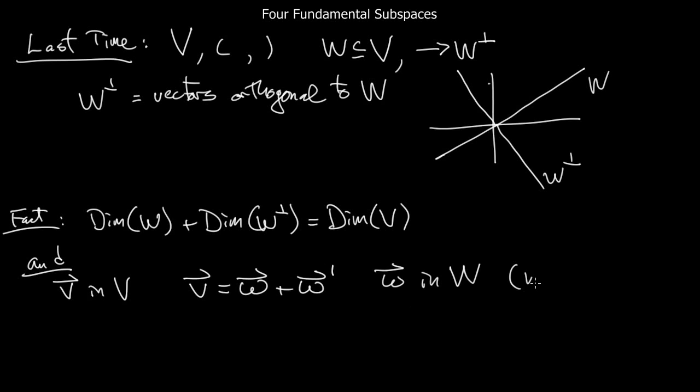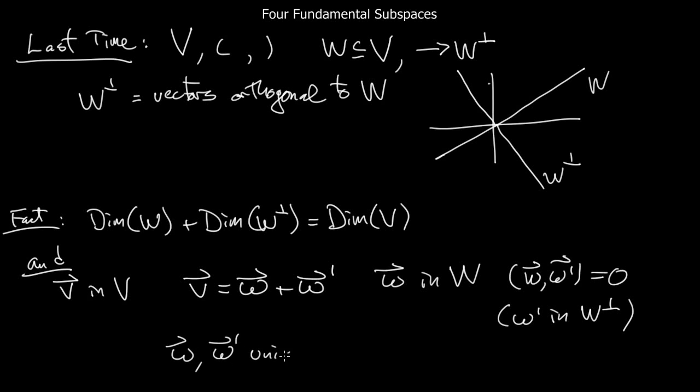There's only one way to do this. Here, w is in W, and w prime is in W perp. So that's just the general setting of a vector space with an inner product and a subspace.